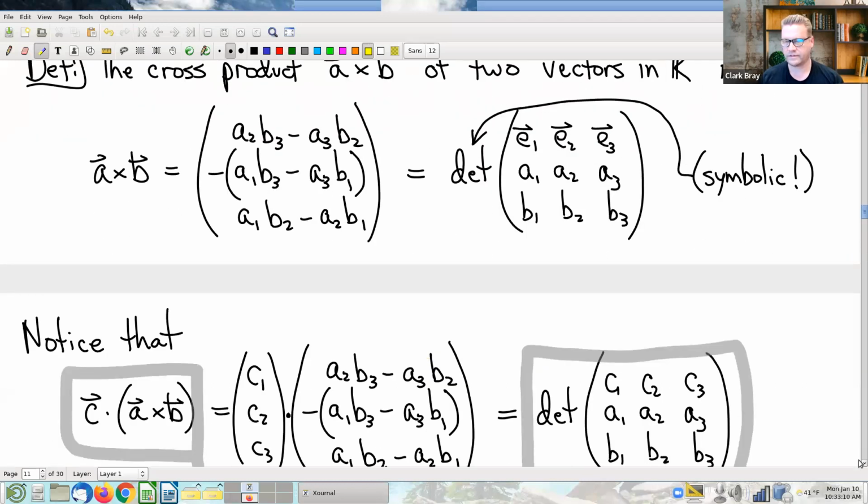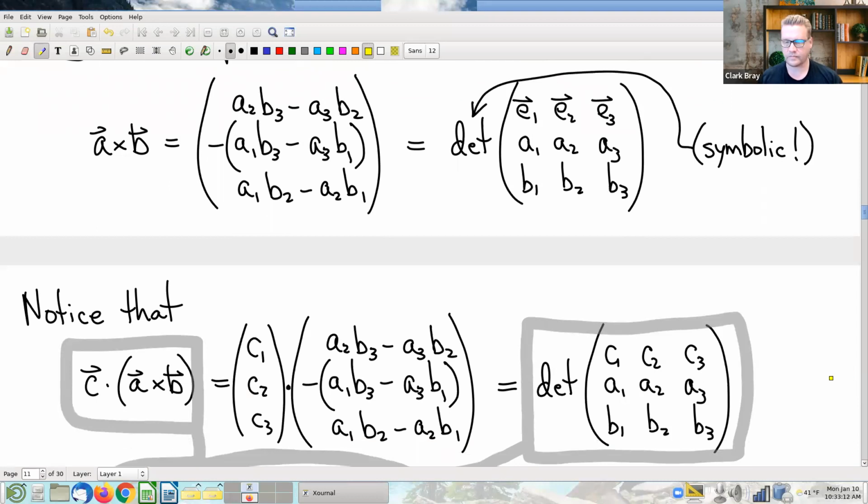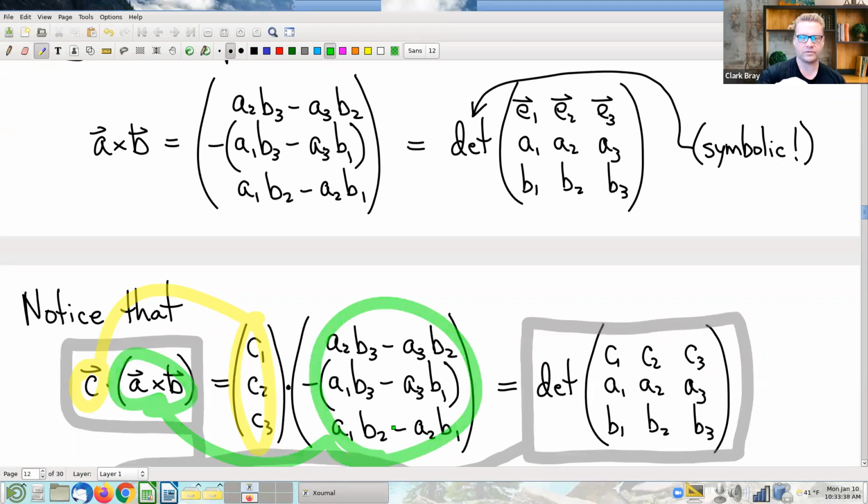This one feels a little weirder, but it's a really useful fact. Let's toy with how to compute that dot product with the cross product. It's not clear why we'd be interested in such a thing as we start this process, but it turns out it's really useful. So, okay, there it is. There's my first vector, and I'm dotting with the cross product, which of course is right there.